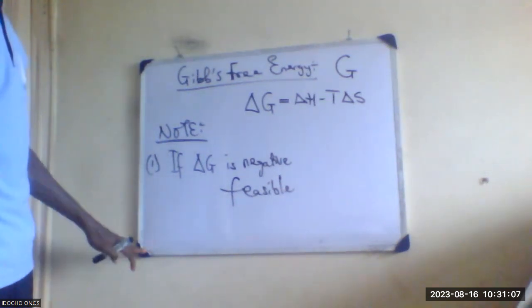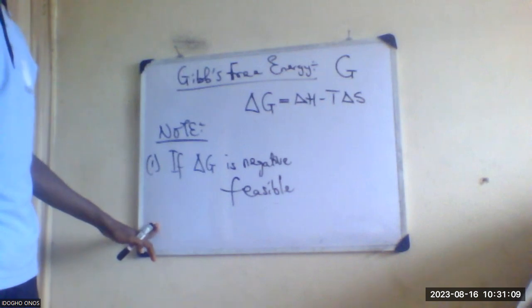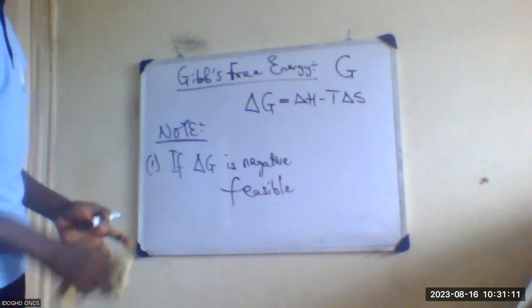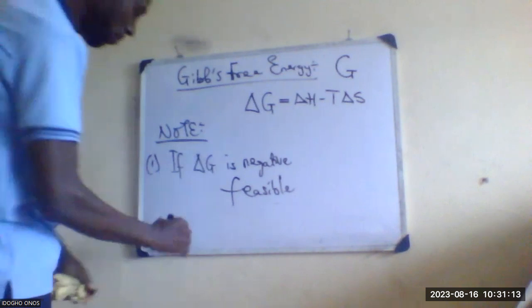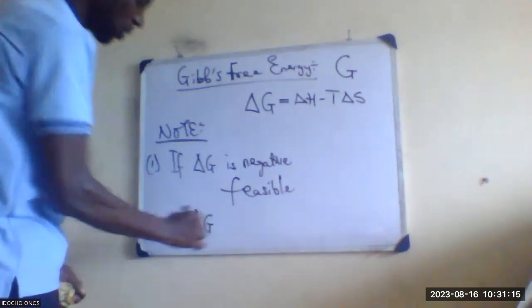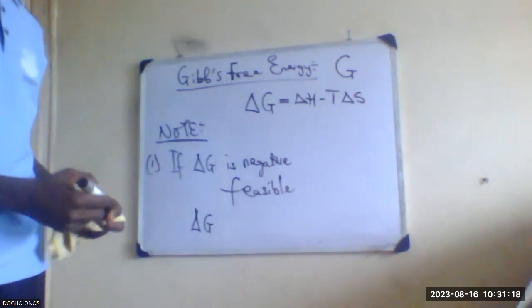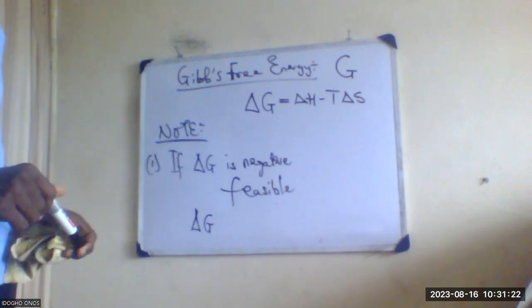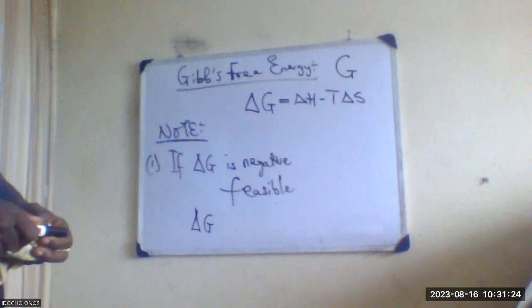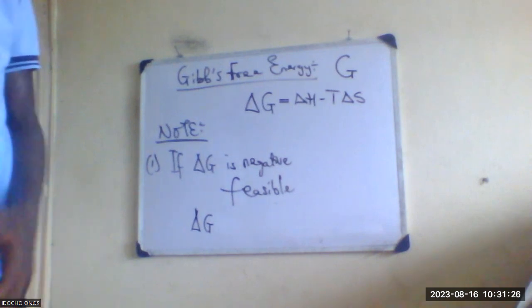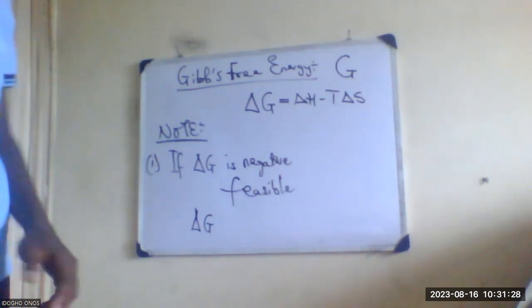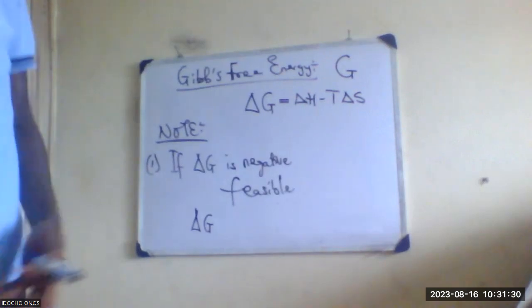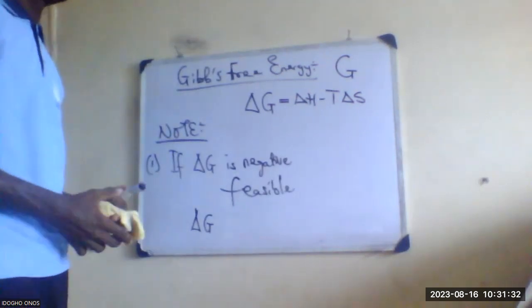Number three, under the notes. Are we ready? If triangle G, the free energy, is 0, the reaction is in equilibrium.